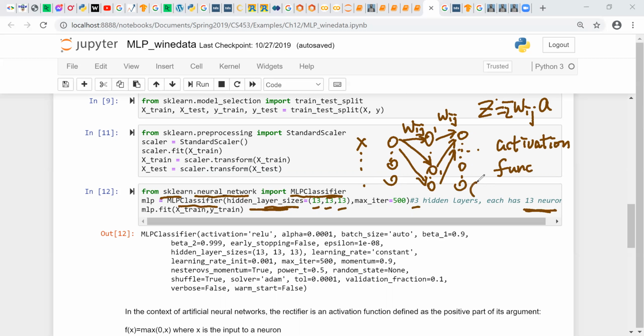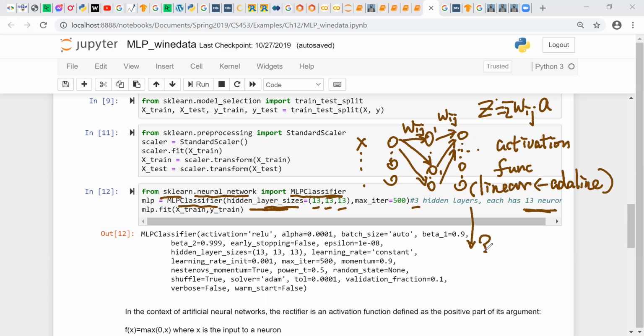Activation function: previously we learned the linear activation function, then the Adaline for the single neuron. What else have we learned? Who remembers any other activation function?